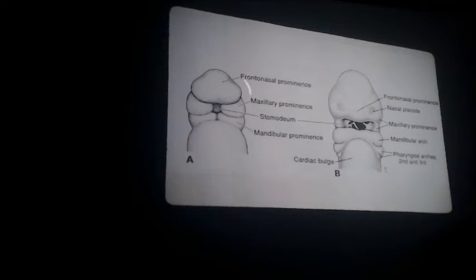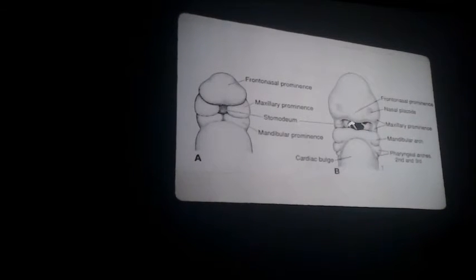So everything's just starting to develop, and now you really start to get oral cavity, stomodium, and then your first arch, maxillary, mandibular, second, third. So that's just referring to the diagrams that you have on your handouts. Don't worry about that.